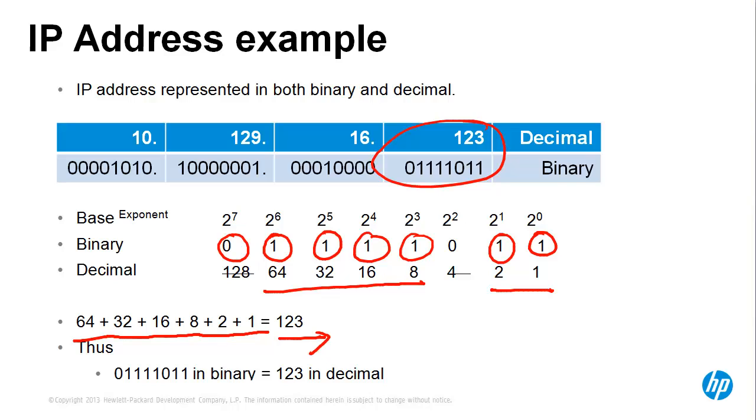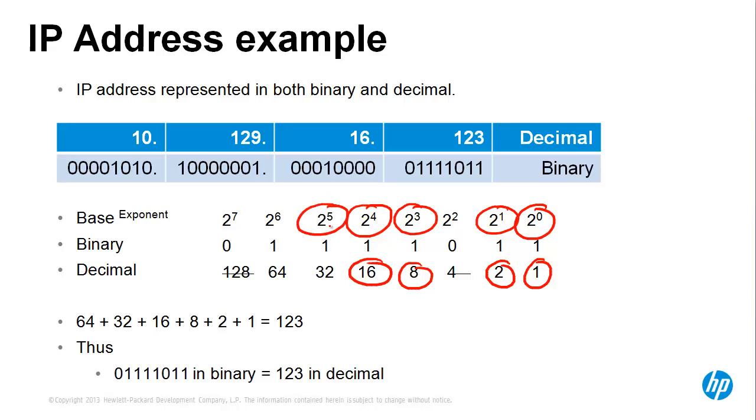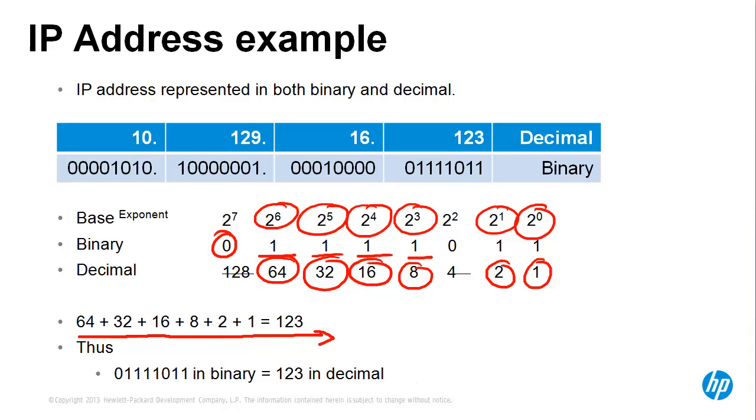to 123 in decimal. Just to reiterate, remember 2 to the power of 0 equals 1 in decimal, 2 to the power of 1 equals 2, 2 to the power of 3 is 8, 2 to the power of 4 is 16, 2 to the power of 5 is 32, 2 to the power of 6 is 64. 64, 32, 16, 8, 2 and 1 equals 123, so the most significant bit is set off, second, third, fourth and fifth bits are set on, the sixth bit is set off, the seventh and eighth bits are set on.